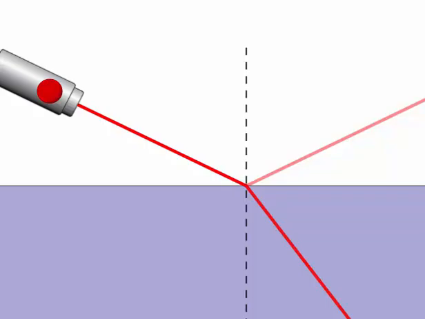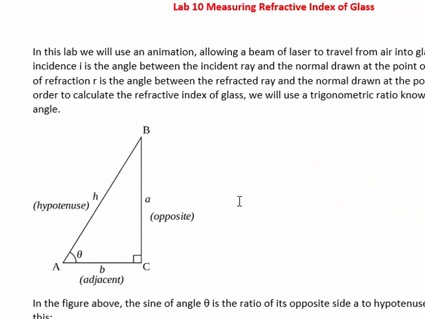Well, let's open the lab manual. Now, in this lab, we will be using a trigonometric ratio known as the sine of an angle. Here I have drawn an angle theta. The angle theta is part of a right angle triangle.